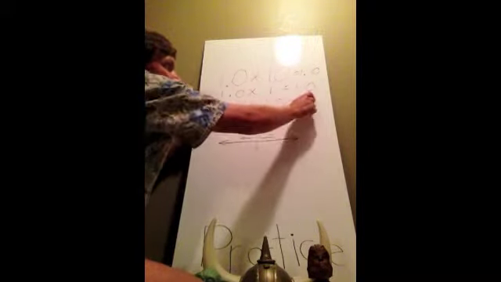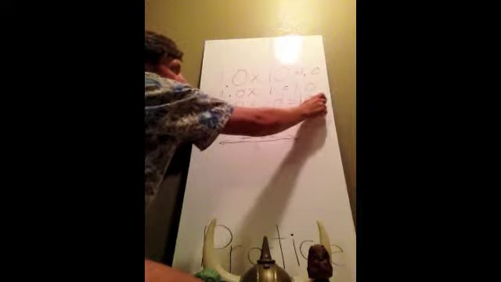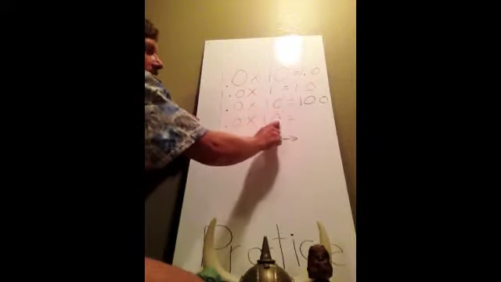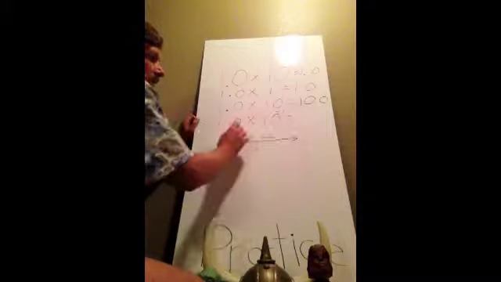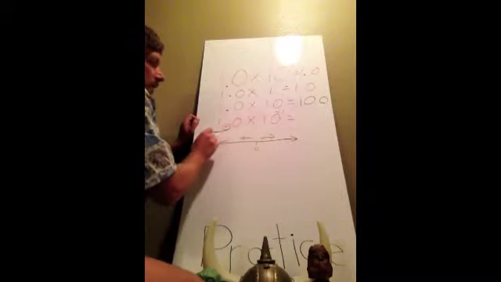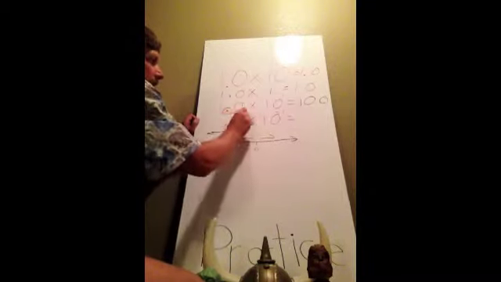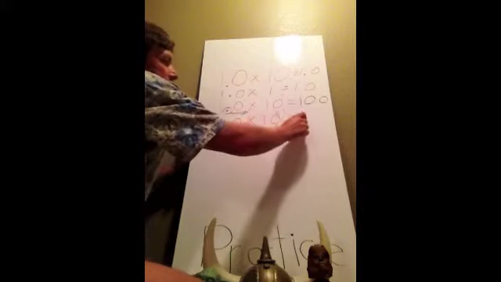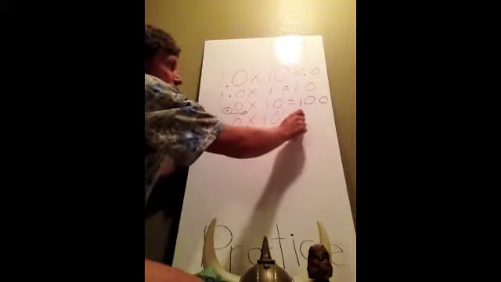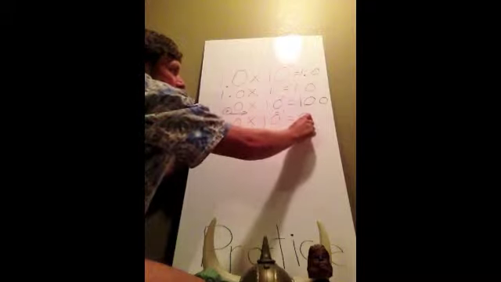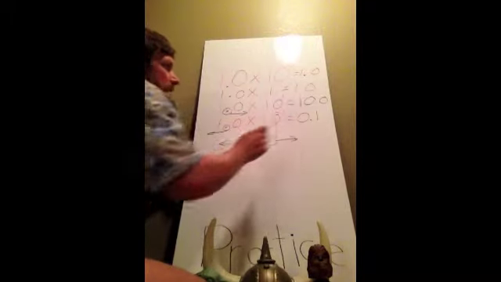So this would be 10.0. And this is negative 1, so remember we're moving the decimal point that way. The number's getting smaller, so it's 0.1. Okay?